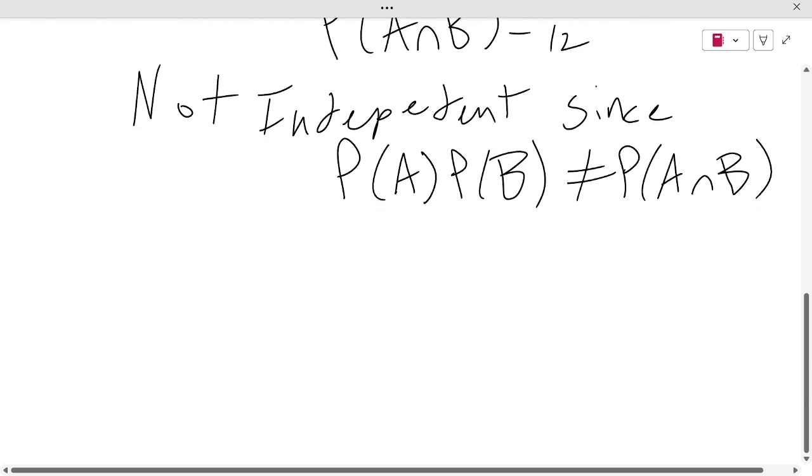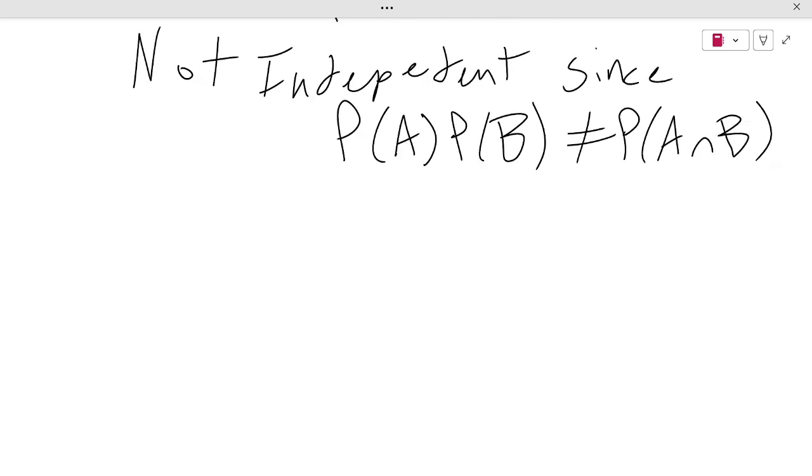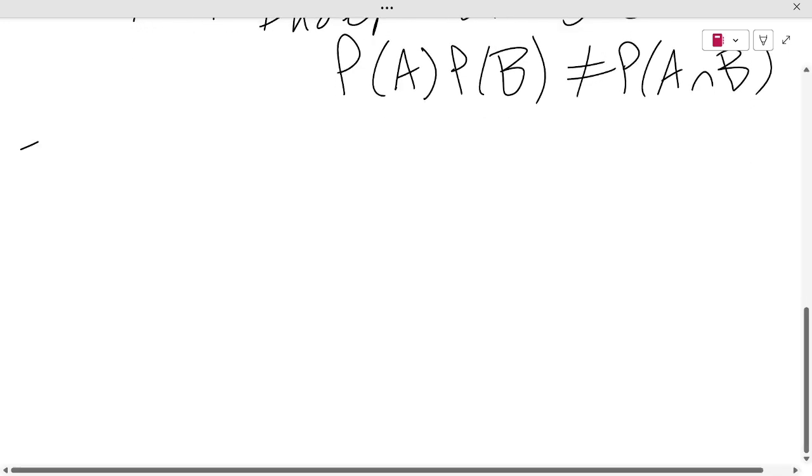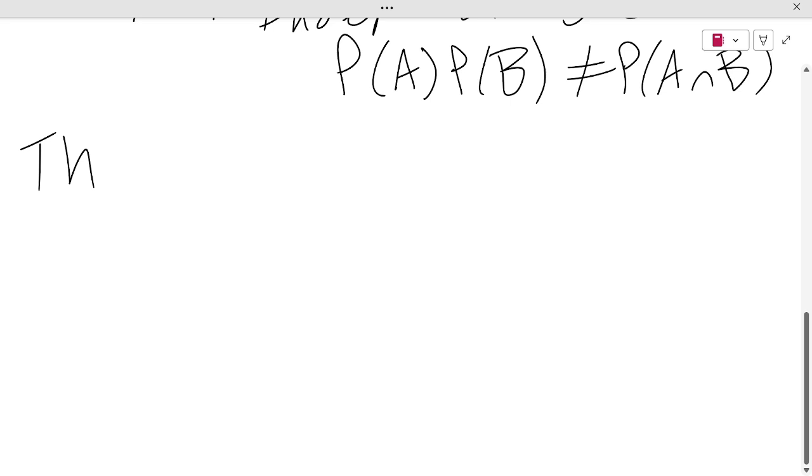Now we have a theorem as it relates. This is why it's sometimes relevant to talk about independent events.